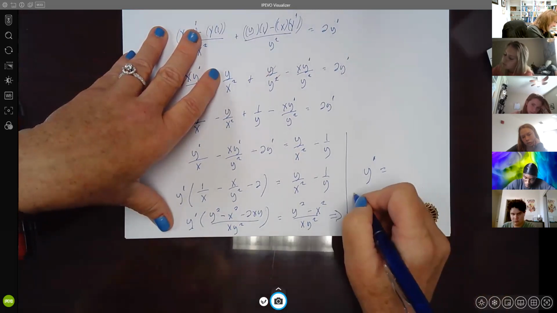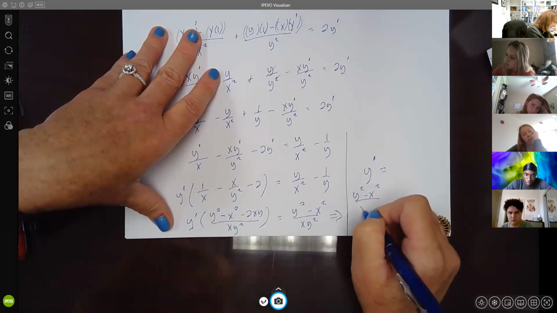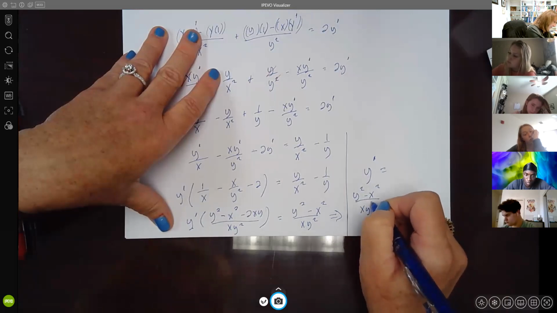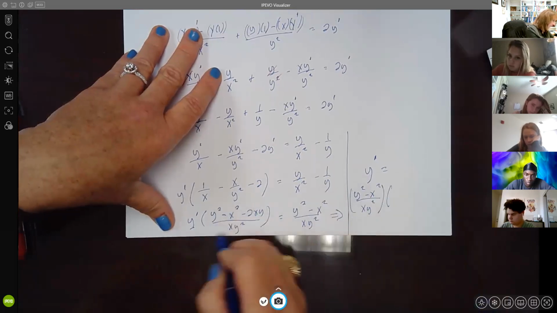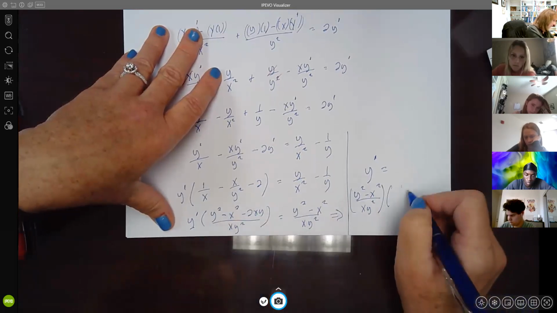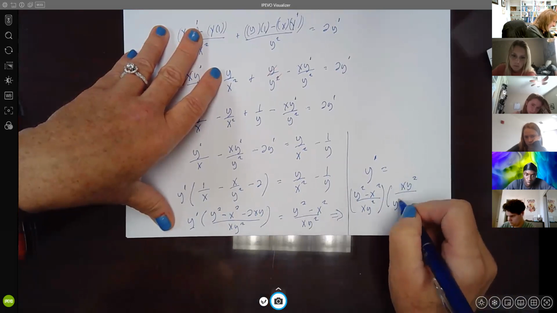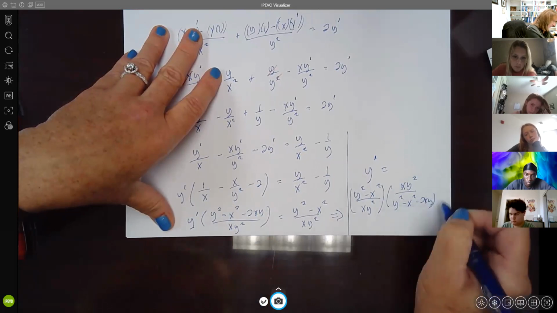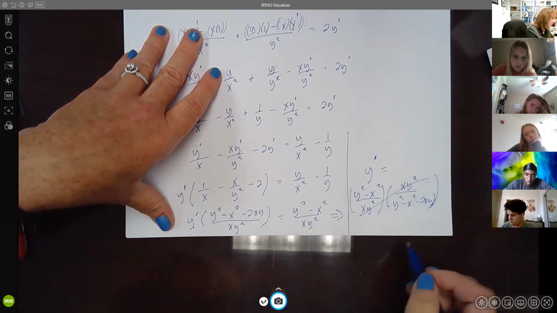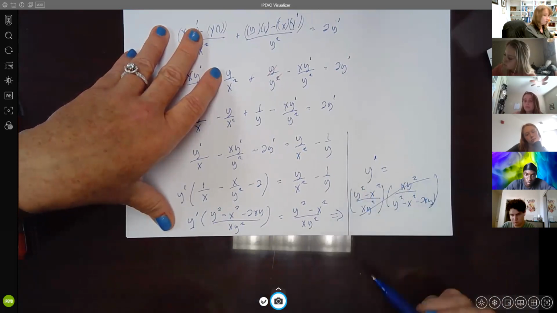So that's going to be y squared minus x squared all over x y squared times the reciprocal of this guy. Oh, look what happens to my xy squared. So that's convenient. Those cancel. So y prime is this binomial over this trinomial.